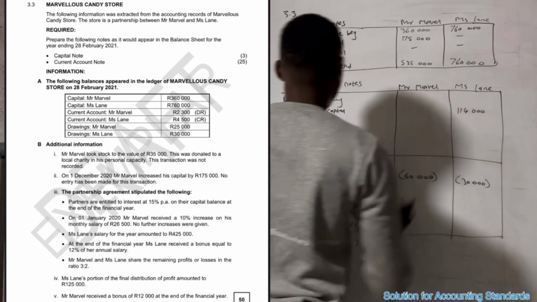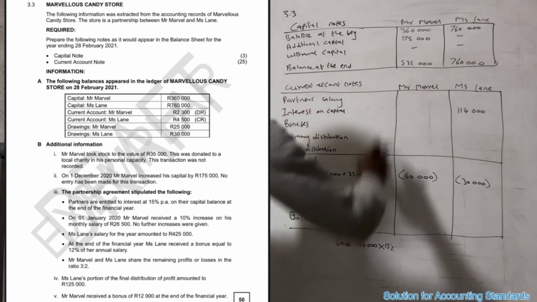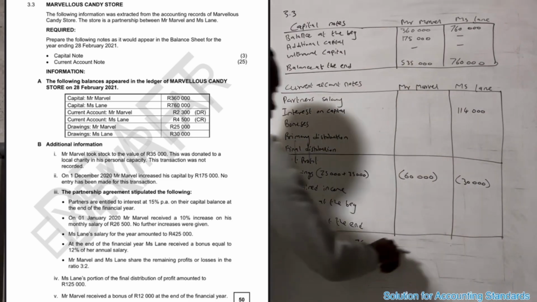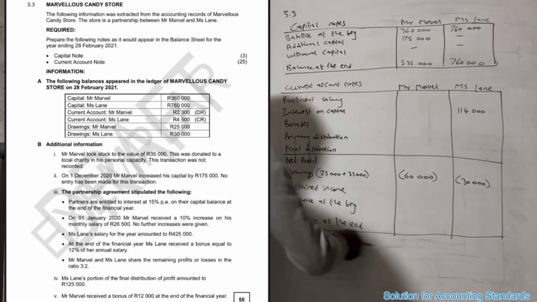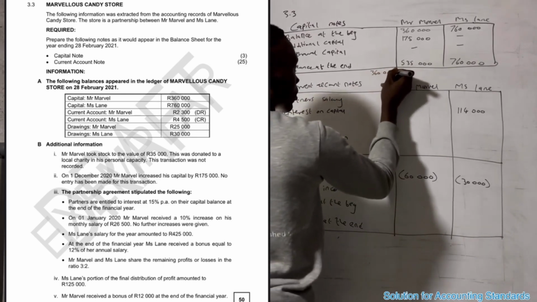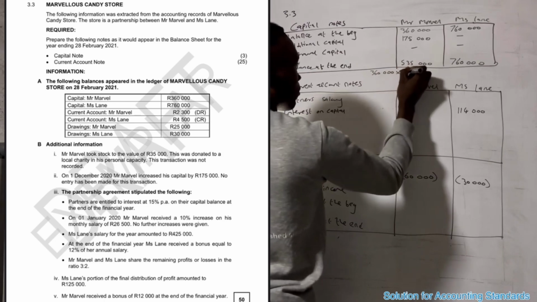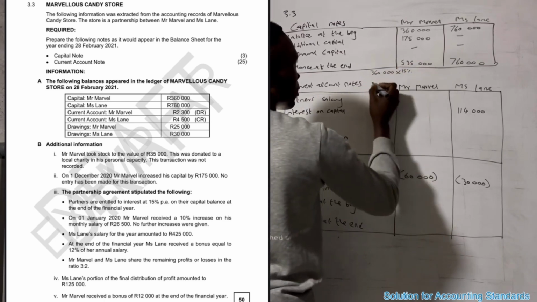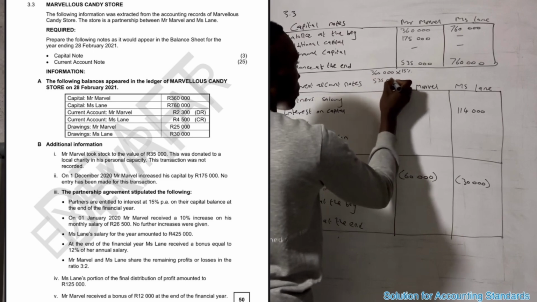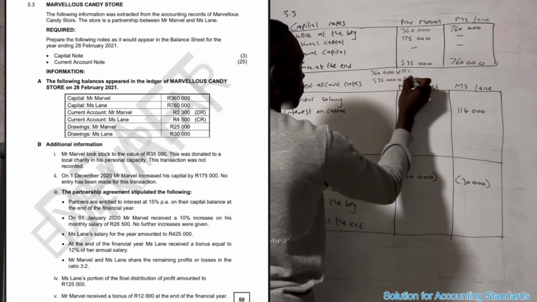114,000. But for Marvel, we have before and after. Okay, before, let's calculate before. It was 360 multiplied by 15%, and after it's 535,000 multiplied by 15%.